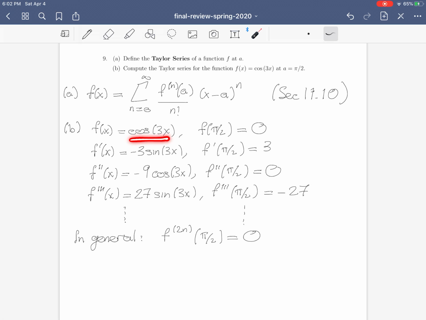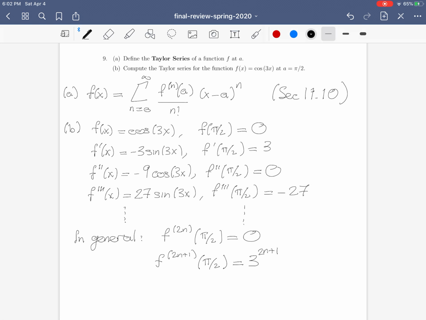Okay? So here's f, here's the second derivative, differentiate twice, I get cosine 3x times by a constant again. So the even derivatives are all 0. The odd derivatives, well, there are two things. So first of all, we multiply by 3 each time we take a derivative.